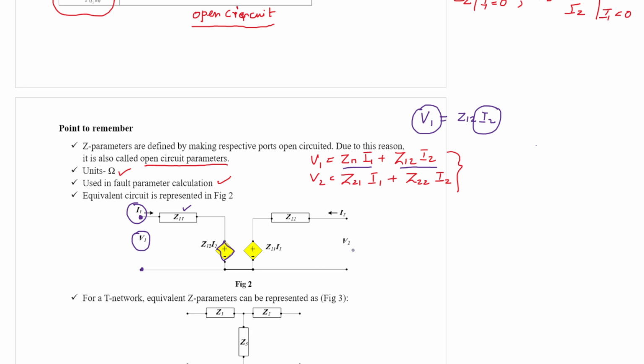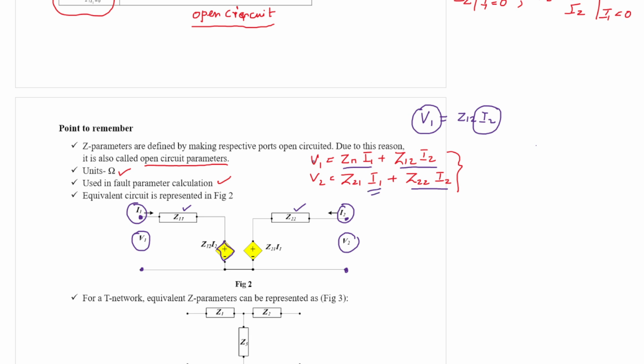In the same way, consider our output port V2, which is injecting some current I2. So this part Z22 I2 is the voltage drop in the impedance Z22. And again, this V2 is a function of I1.